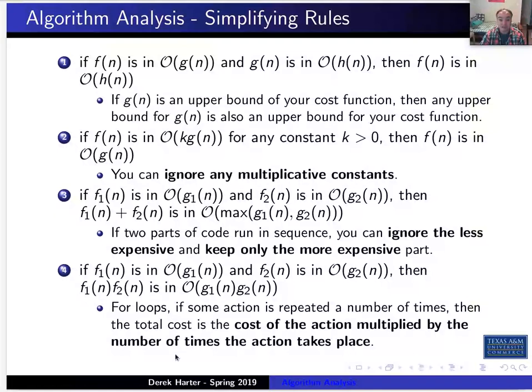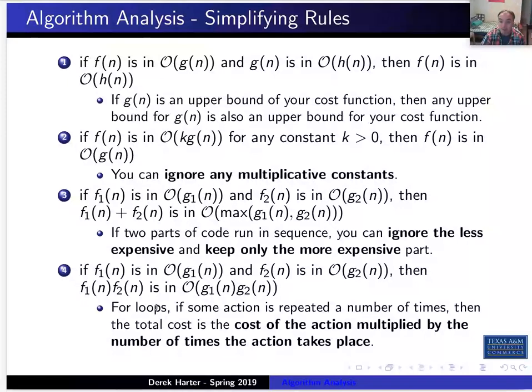All right. And then the third one, kind of in a similar way for code, if f1 has a growth rate g1 and f2 has g2, and instead of running in sequence in code, we have f1 times f2, then your growth rate is the product. You have to multiply the growth rates together. So again, this is kind of formalism here.